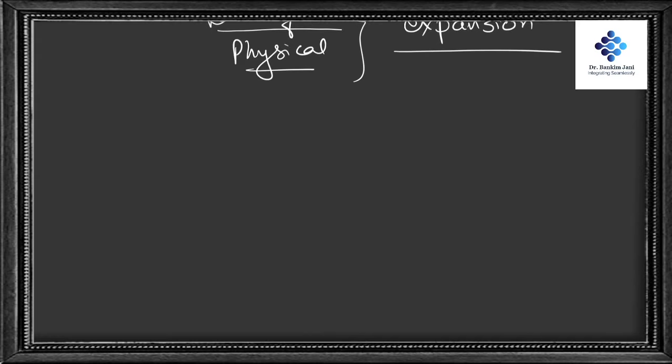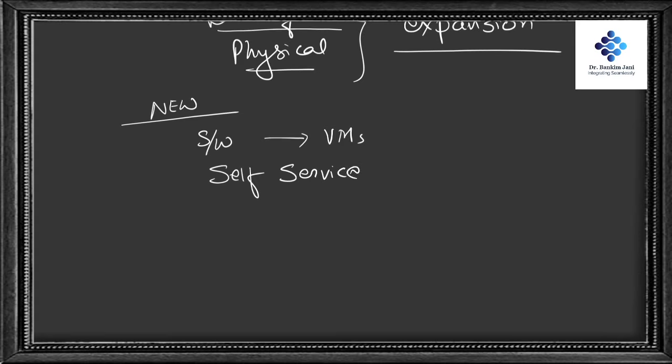So in the same way over here, the first thing they said is that this new application centric concept would have software taking care of virtual machines, right? And that also in such a way that it would be like a self-service, so that you have cut down the administration.